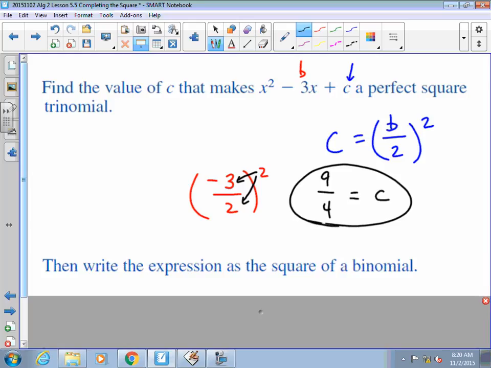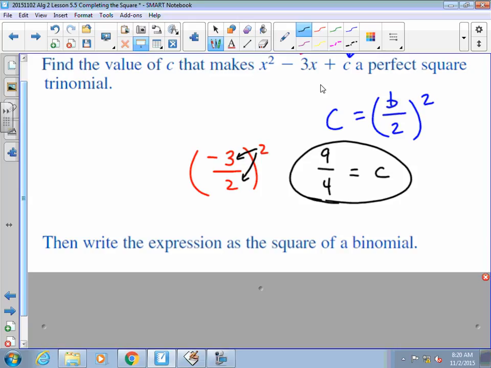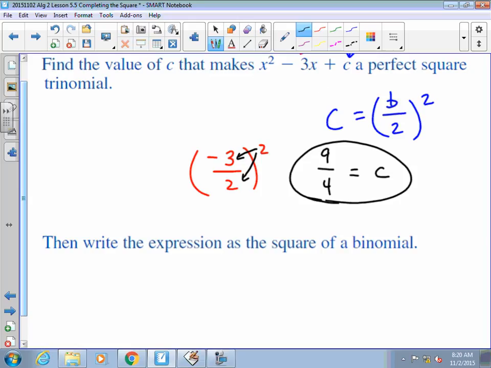Let's continue with that problem. It says, then write the expression as the square of a binomial. So first off, let's rewrite it as a perfect trinomial. It says x squared minus 3x plus c, but our plus c value is going to be the new part that we plug in.